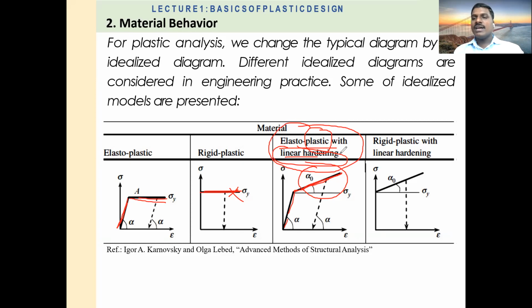इलास्टोप्लास्टिक विथ लिनियर हार्डनिंग म्हणजेच काय, तर एक मेंबर आहे, बीम असेल, कॉलम असेल, त्याच्यावरती लोड येतोय, लोड इलास्टिक लिमिट पर्यंत आला, म्हणजे Fy इज इक्वल टू 250 घेतला, त्याच्यानंतर स्ट्रेस जनरेट होत गेली, वाढत गेली, 300 आली, 360 गेली, पण मेंबर फेल झाला नव्हता. इट मीन्स इलास्टिक क्रॉस करून प्लास्टिक मध्ये गेली आणि प्लास्टिक मध्ये सुद्धा तो मेंबर लोड घेतच होता.